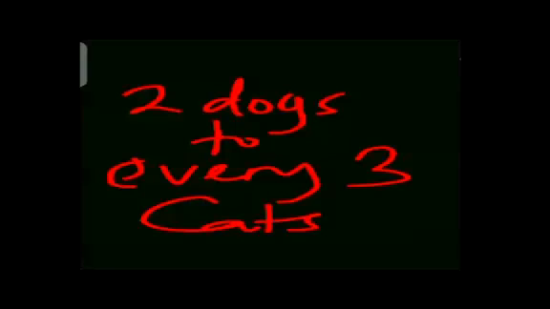That is, 2 dogs to every 3 cats. Or we can say the ratio of the dogs to the cats is 2 to 3. Or you say 2 colon 3.